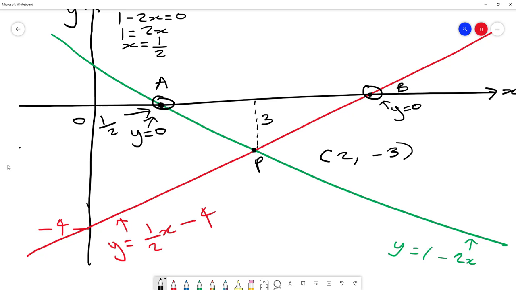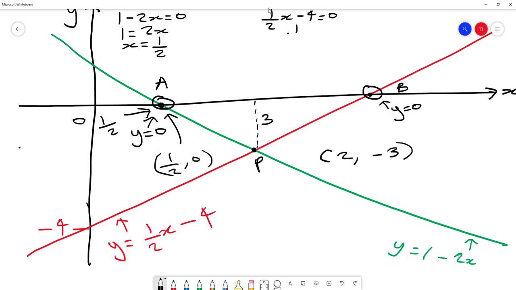Now we need to find the same for B. So don't forget A is now going to be a half and 0 as a coordinate. For B, it's going to be a half x minus 4 equals 0.